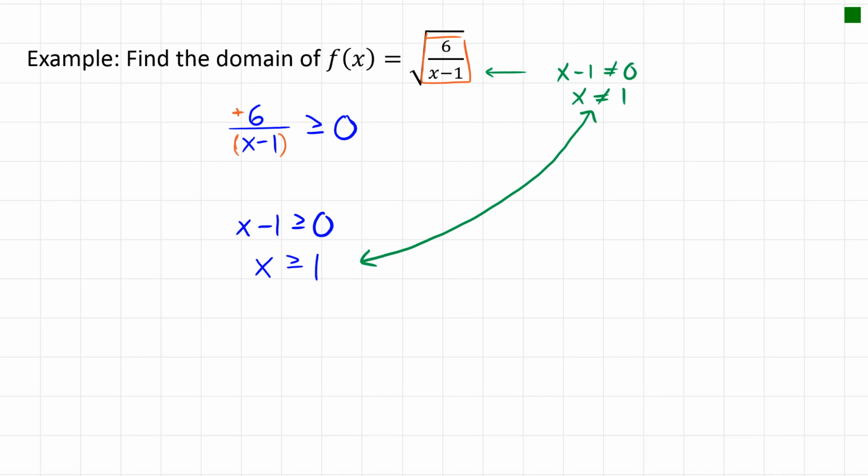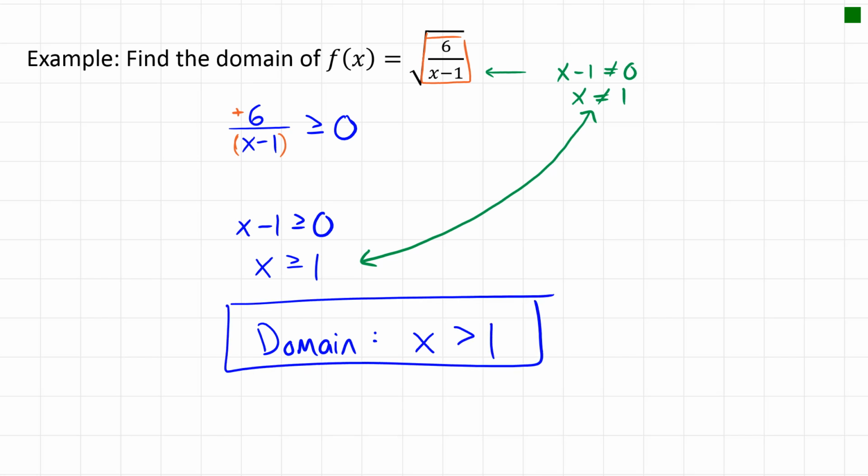By linking those two things, we can see that our final domain is that x has to be greater than 1. Because it has to be greater than or equal to 1 to satisfy that radical requirement, but it also cannot be equal to 1. So we have to get rid of the equals part of the inequality. So the domain that satisfies both of those requirements is x is greater than 1.